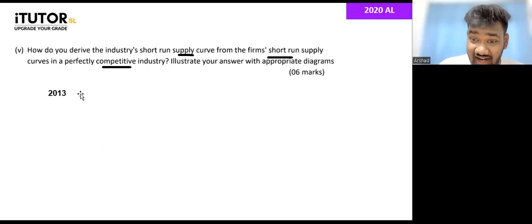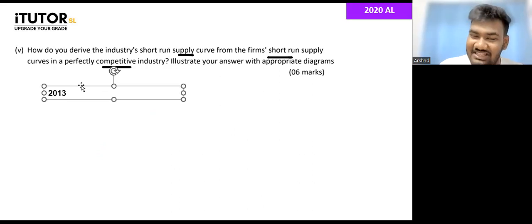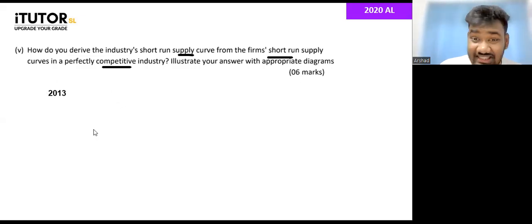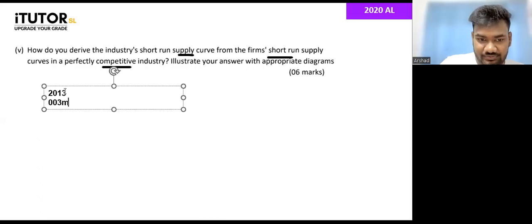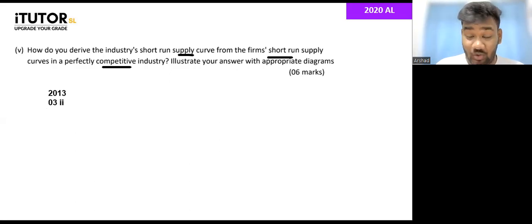Not that it's hard, but comparatively hard, because you didn't get easy questions like what are the characteristics of perfect competition and so on. You didn't get an easy calculation, right? So it was comparatively a little hard. Right, that's the 2013 question 3 part 2. Okay, right. Anything else, guys? We move to the next. We have 2 more papers to discuss.